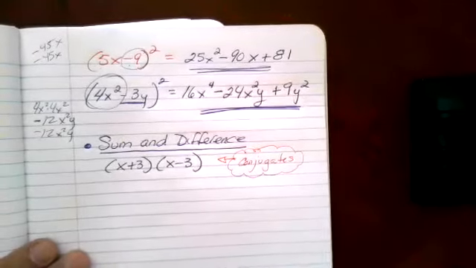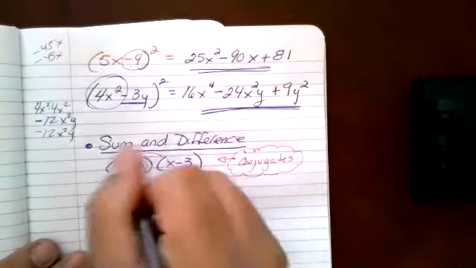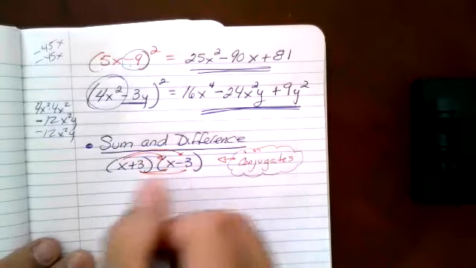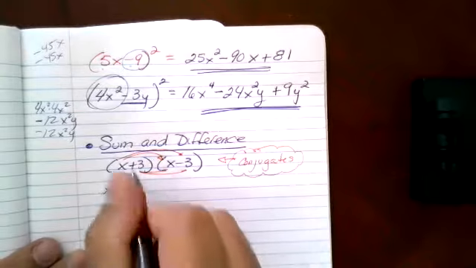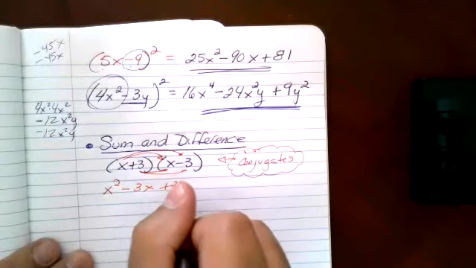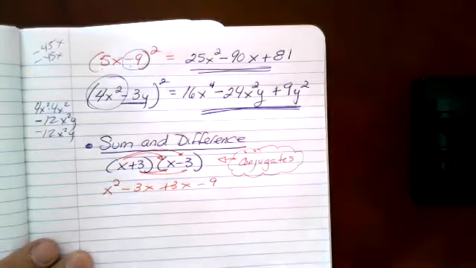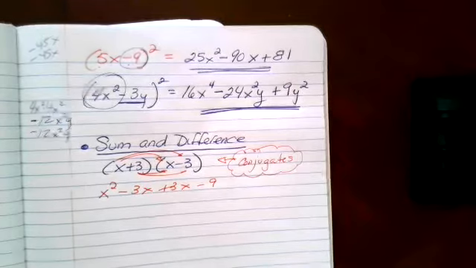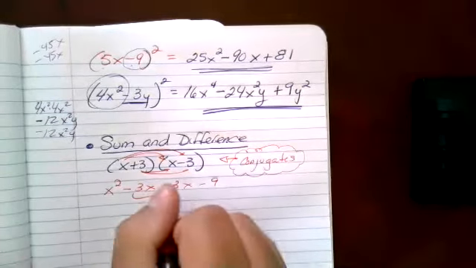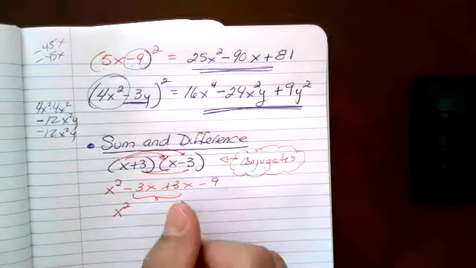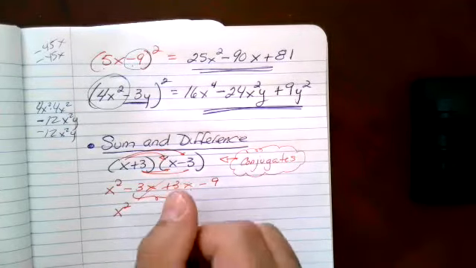And we could do this the long way. We could FOIL it out, or distribute it out, and we would have x squared minus 3x plus 3x minus 9. We could distribute our first term, distribute our second term, and then combine our like terms. X squared, a negative 3x and a positive 3x cancel out.